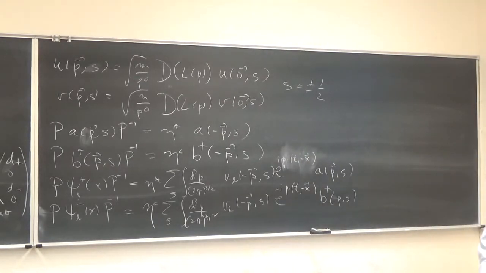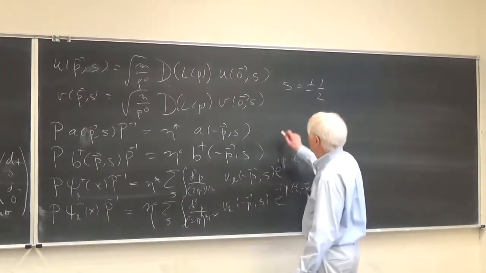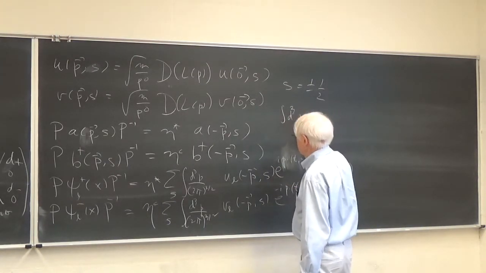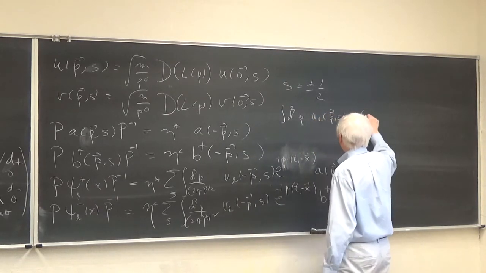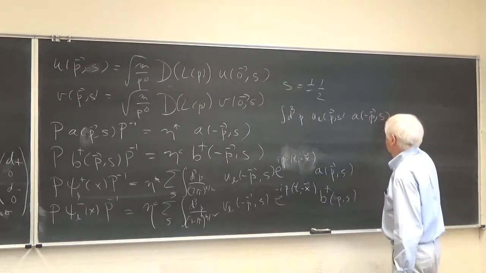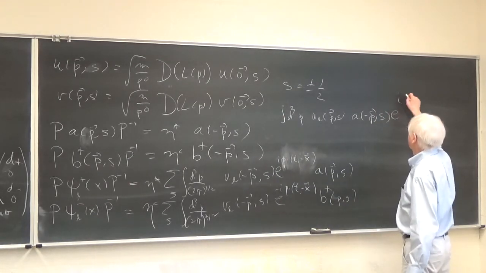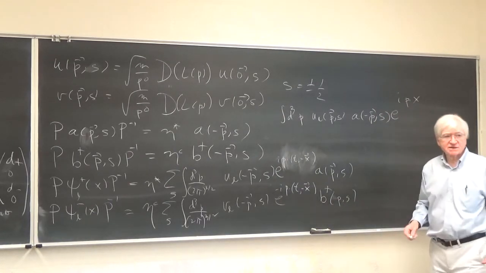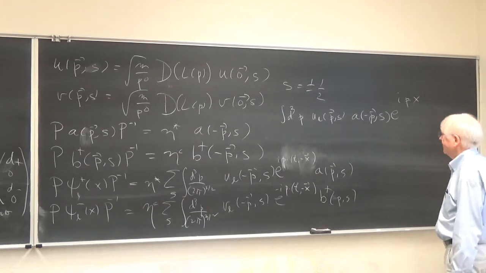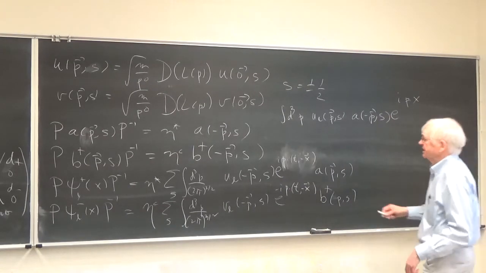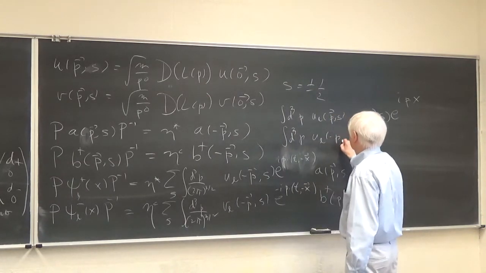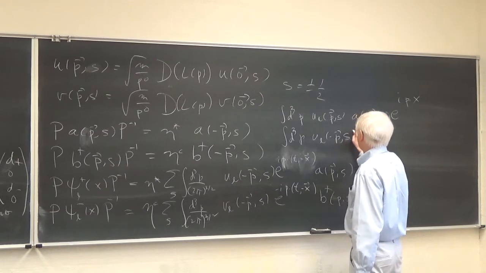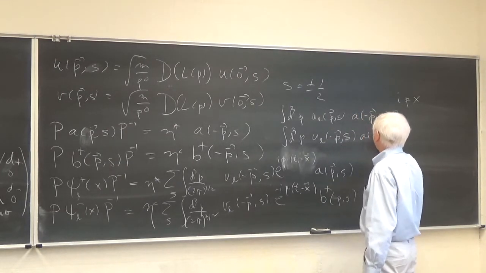Wait, I missed it. So why doesn't the p and the a, what's the parity? Okay. Yeah, I'm sorry I missed that. What you have here then is an integral d3p, uL of p and s, a of minus p and s, e to the i p dot x, leaving out extra factors. Now we let p go to minus p. Integral d3p, uL of minus p, s, a of p, s.